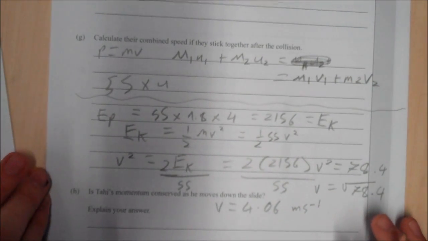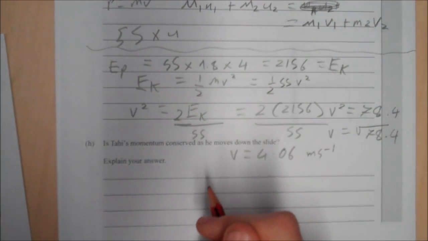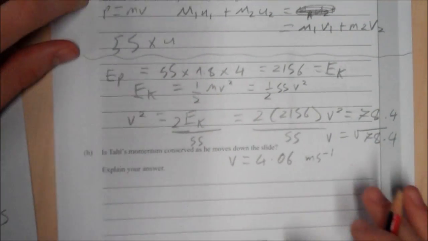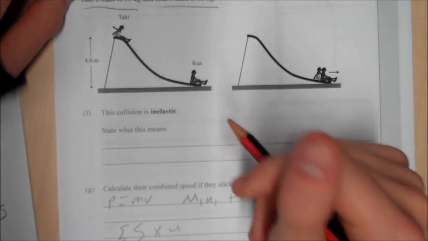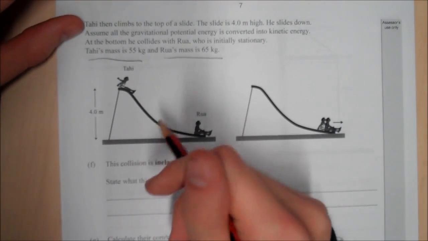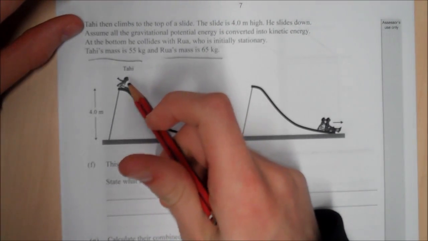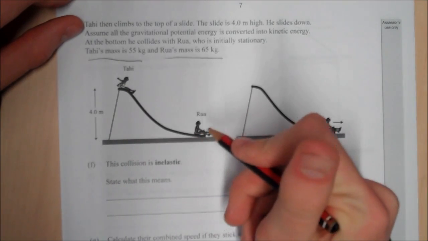Okay, is Tahi's momentum conserved as he moves down the slide? Okay, so momentum can be conserved if there are no external forces. But, as we see here, there's obviously the force of gravity, because he's elevated, and so the force of gravity is acting on him. That's an external force outside of the collision.